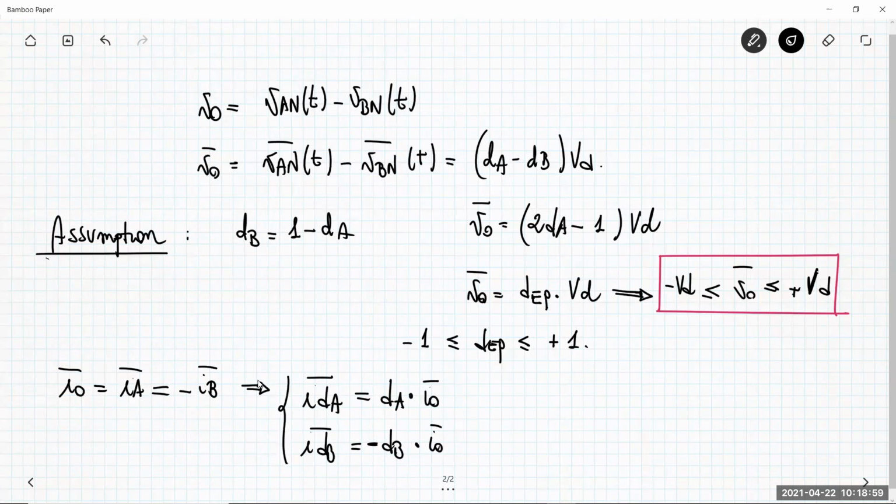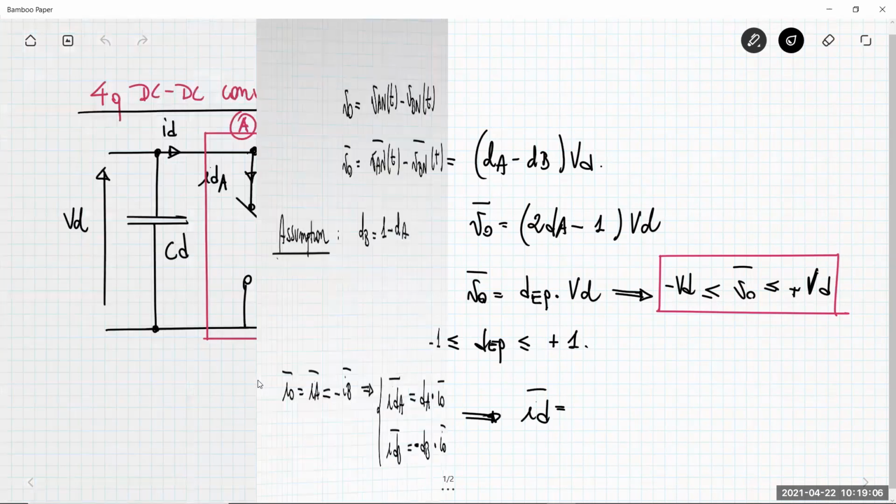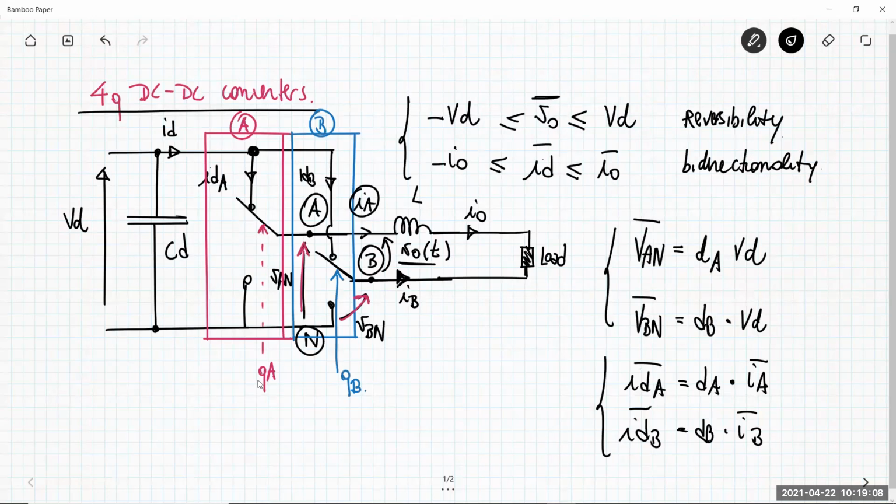Then you have to consider this node here. So ID is the sum of IDA and IDB.